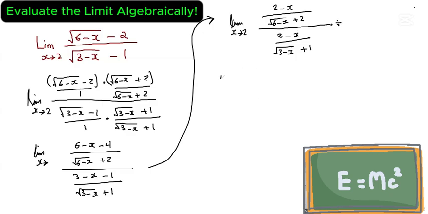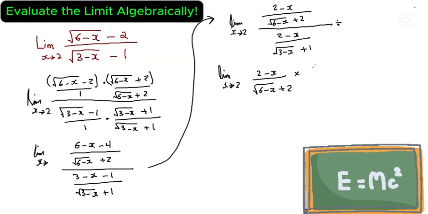But let's just go through the process for some students who cannot follow quick shortcuts. So again, if this is divided by this, we could change it to 2 minus x all over root 6 minus x plus 2, and the division, we change it to multiplication.